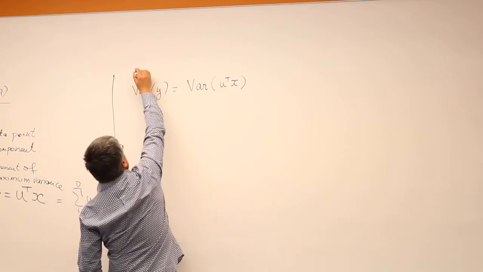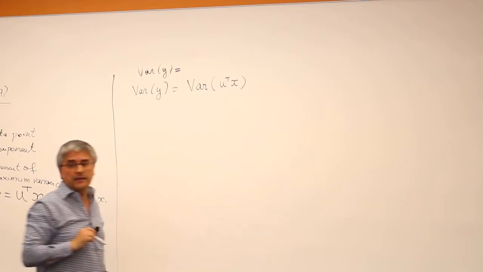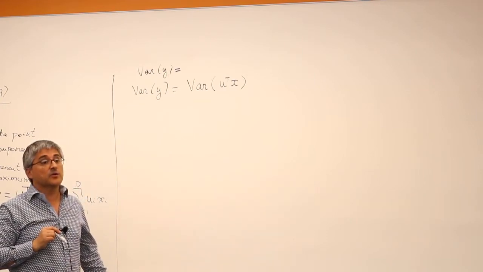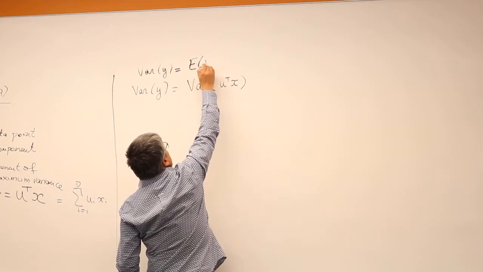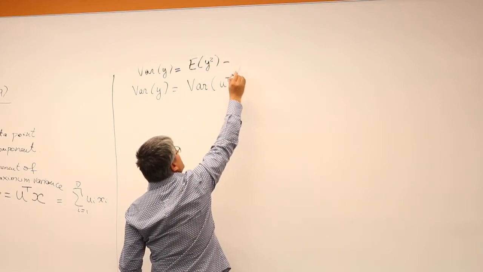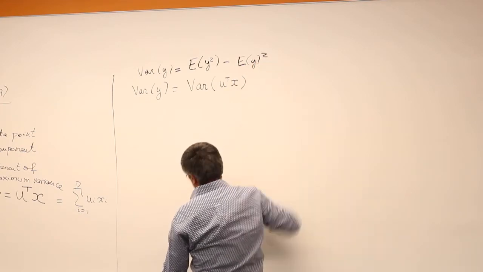So the variance of y is equal to the expected value of y squared minus the expected value of y, squared. Good.